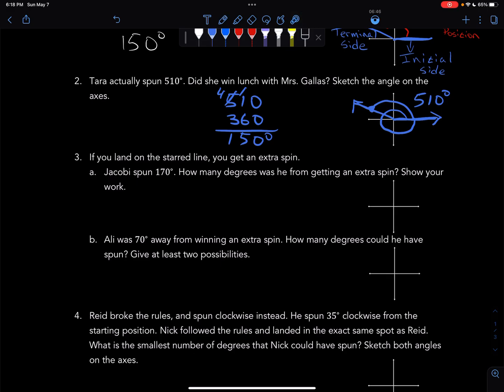So if we think about this, again, we start at 0. If we go all the way over here to 180 degrees, 170 is going to leave us just with a little sliver above that negative x-axis. So we'll start here at 0. And then we're going to end just above the negative x-axis right here.